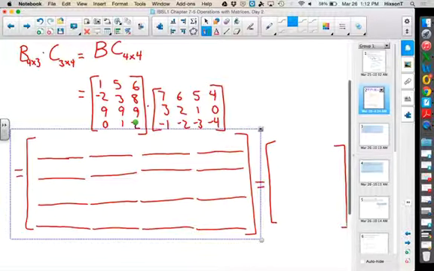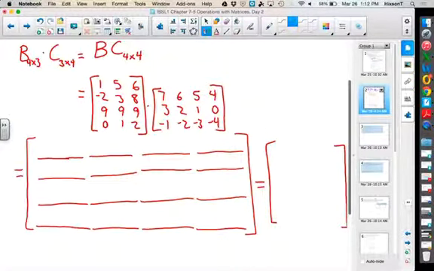So, alright, so let's talk about how we're going to find each element of our matrix when we're multiplying. So I'm going to first of all start with this element. And you'll notice this is the element that's in the first row and the first column.